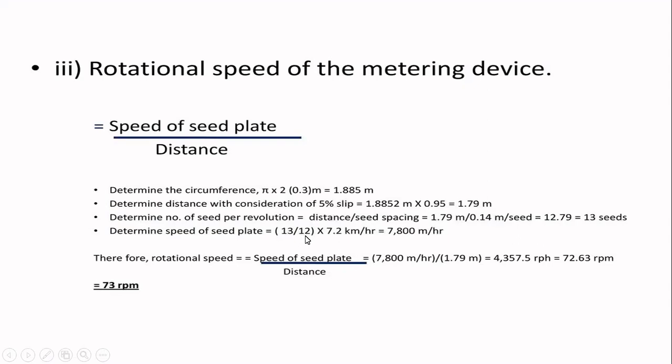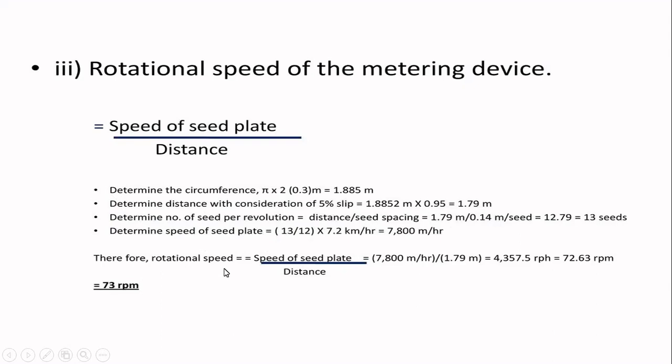So 13 divided by the number of holes in the seed plate, divided by velocity. There you find out how many meters in one hour. Normally speed is meter per second, but meter per minute or meter per hour can also be written. This is the seed plate speed.